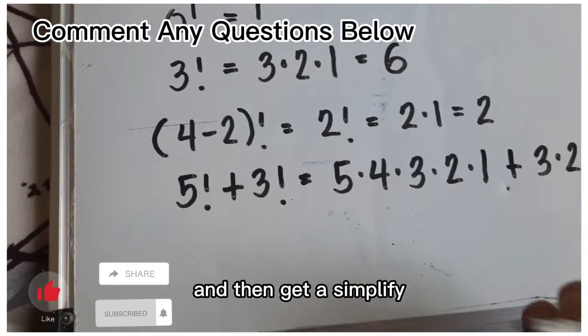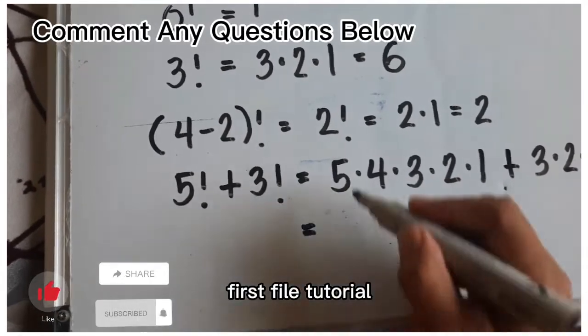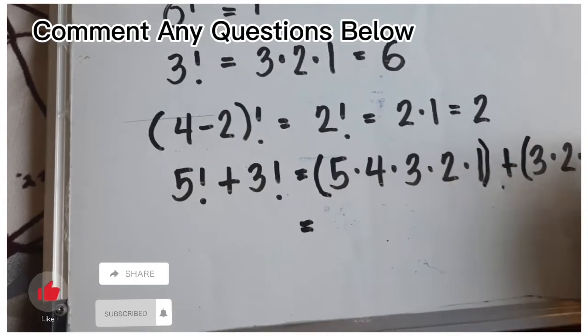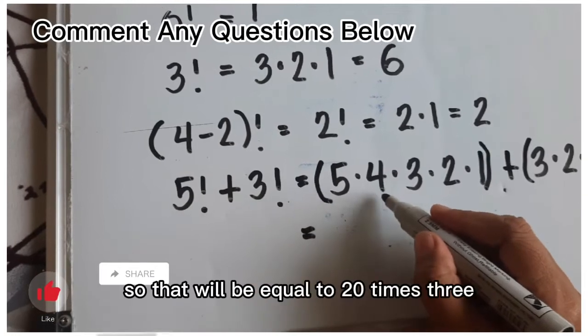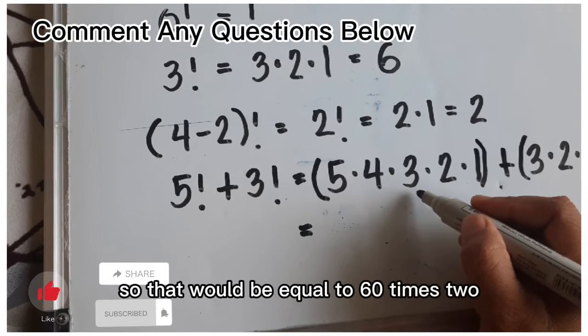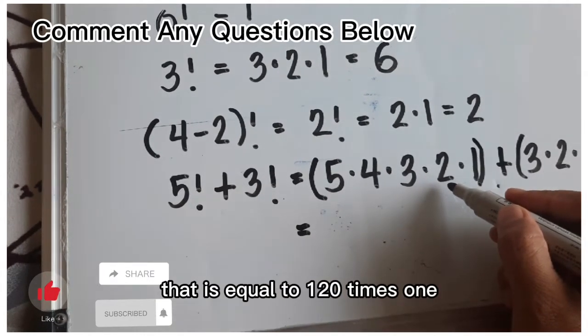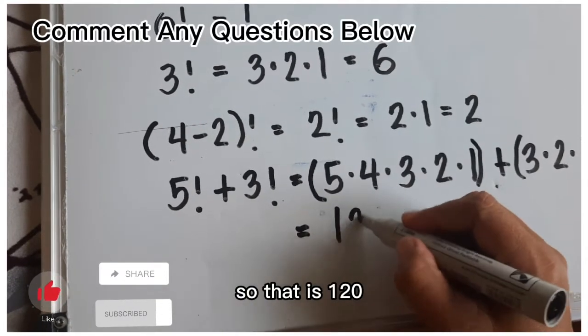And then, let us simplify. Simplify first 5 factorial. We can enclose it with a parenthesis, similar to this one. So, 5 times 4 is equal to 20, times 3 is equal to 60, times 2 is equal to 120, times 1 is 120.